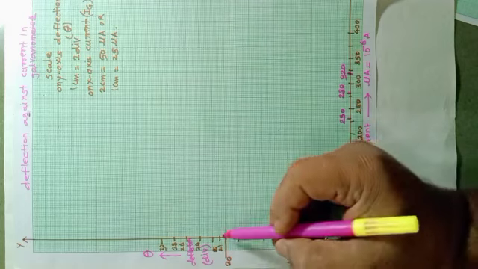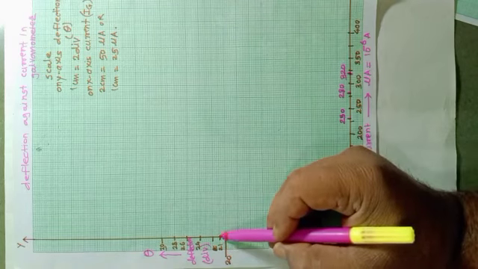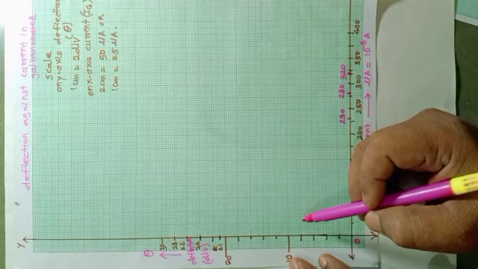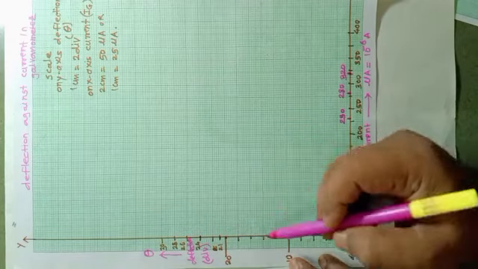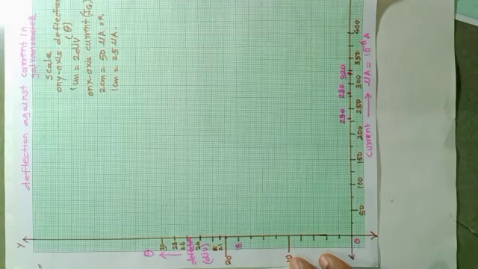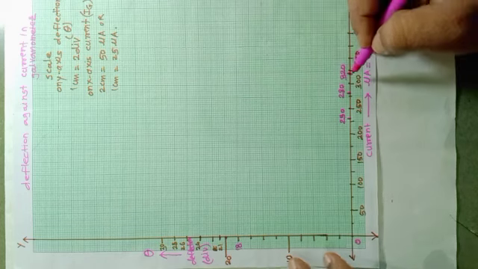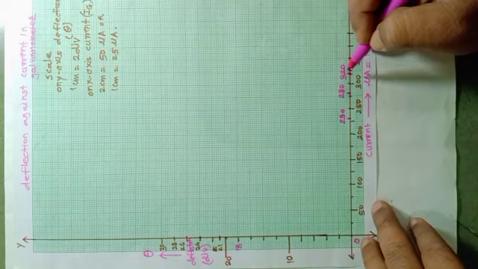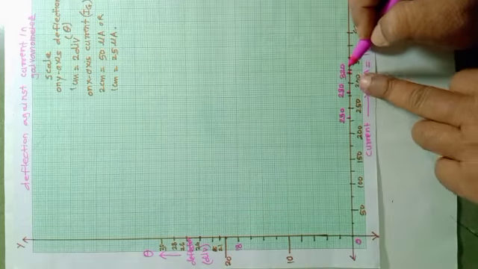Again 21, 24, here 20 and 18. The 4 coordinates are there. We can match the 4 coordinates. For 320 microampere, 24 divisions are there.